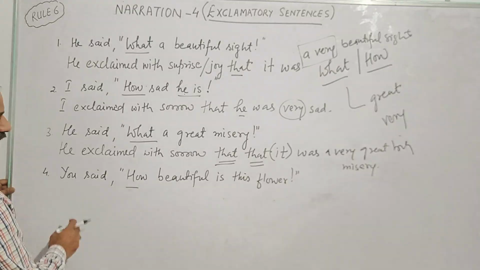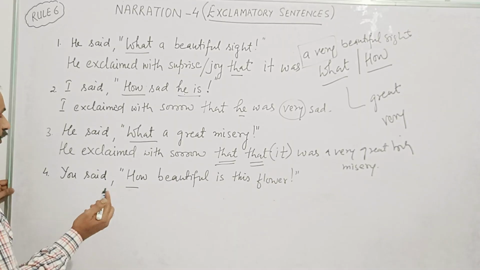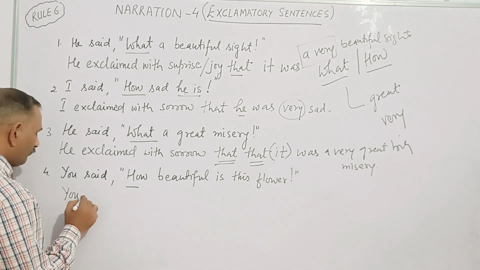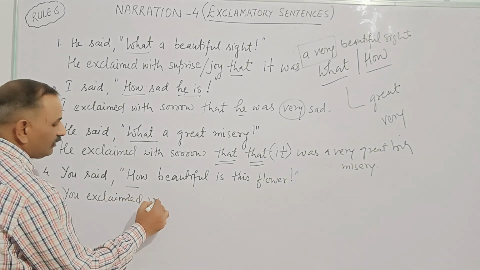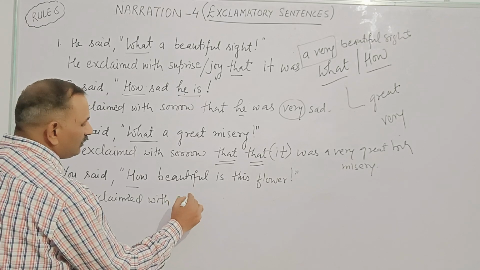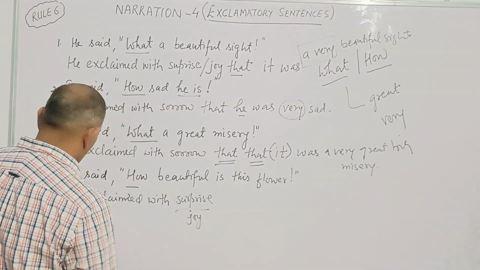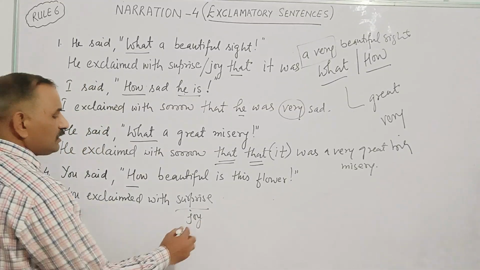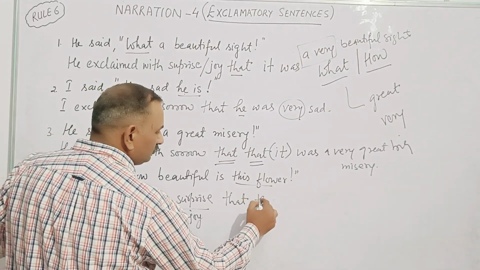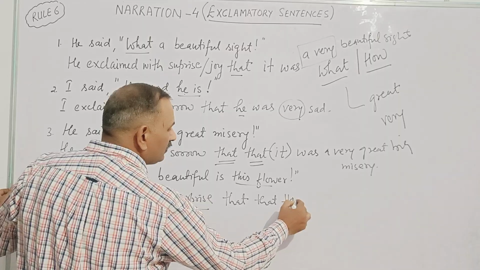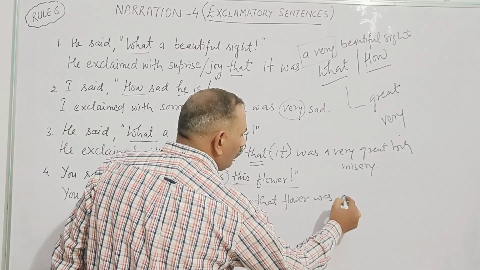Okay, now you said, "How beautiful is this flower." Again you are saying it with surprise or joy. You exclaimed with surprise, or you can use the word joy, that that flower was very beautiful.